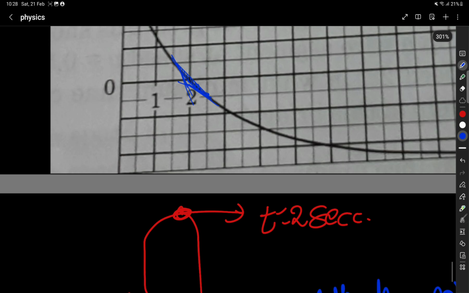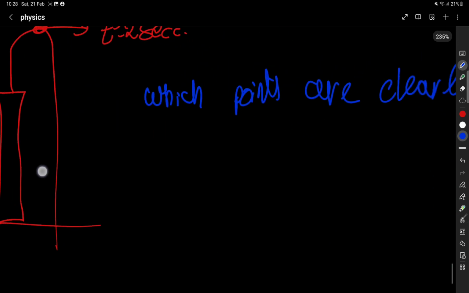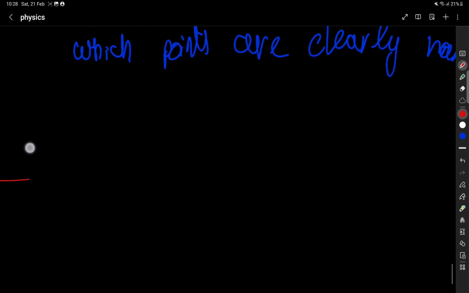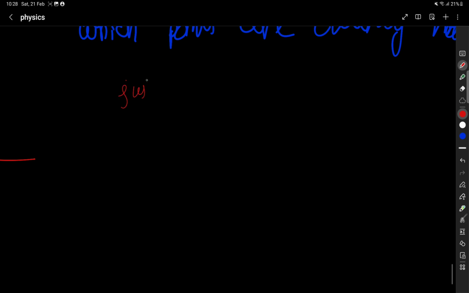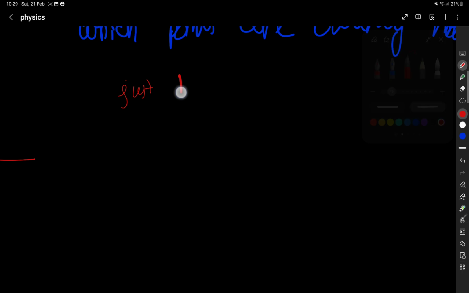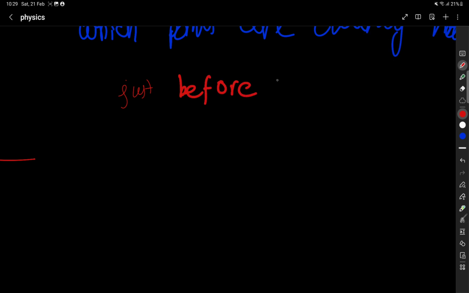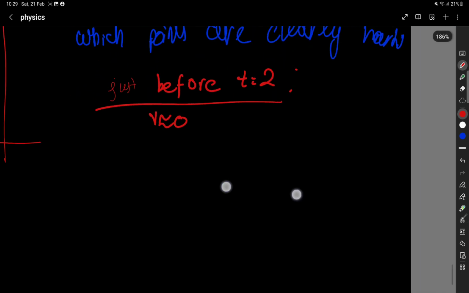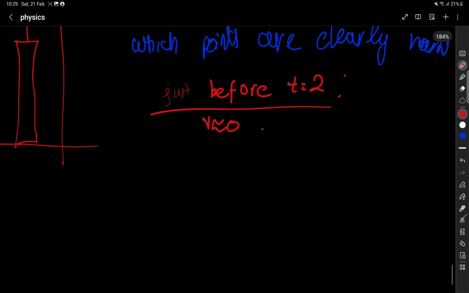So what is the reason for this change of slope? That we will try to find. Just before t equal to 2, velocity is very close to 0. It is not exactly 0. Velocity tends to 0 plus in this direction.